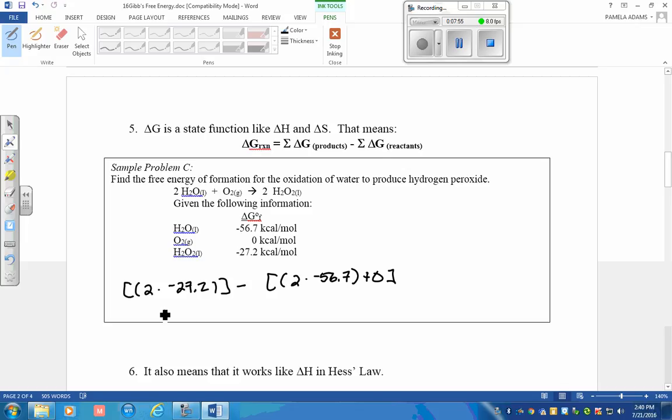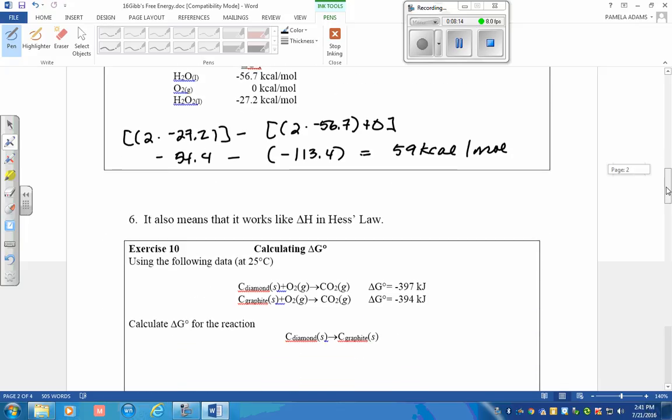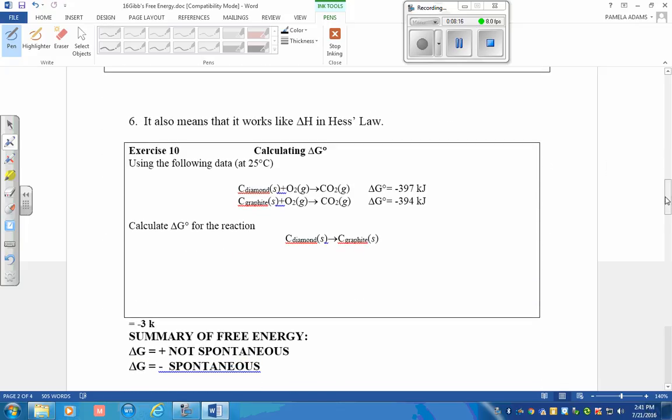And that is negative 54.4 minus a negative 113.4. That value is 59 kilocalories per mole. This is a non-spontaneous process, which is good because we would not want our water turning into hydrogen peroxide.